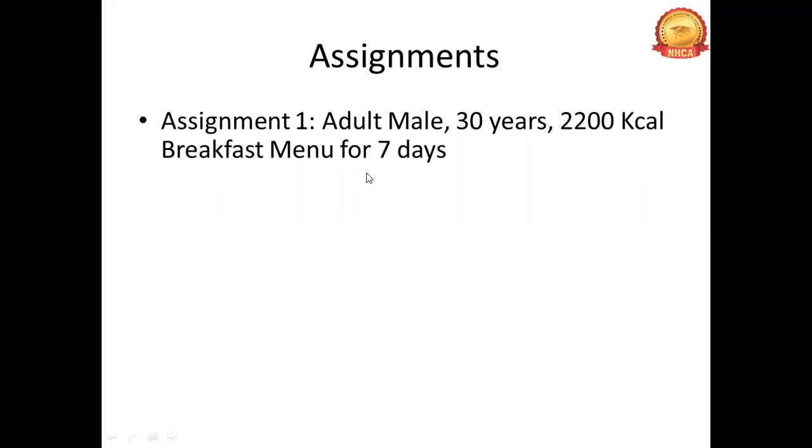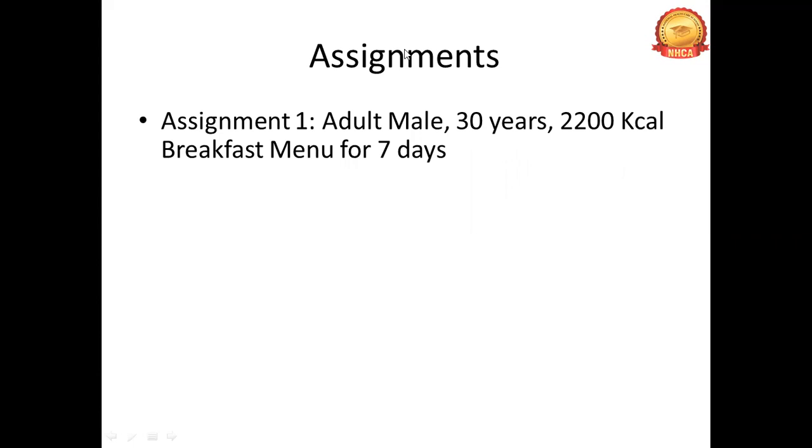Breakfast has to be carbohydrate as well as protein dense. You have to focus on protein and carbohydrate in the breakfast. 2,200 kilocalories for the total day.